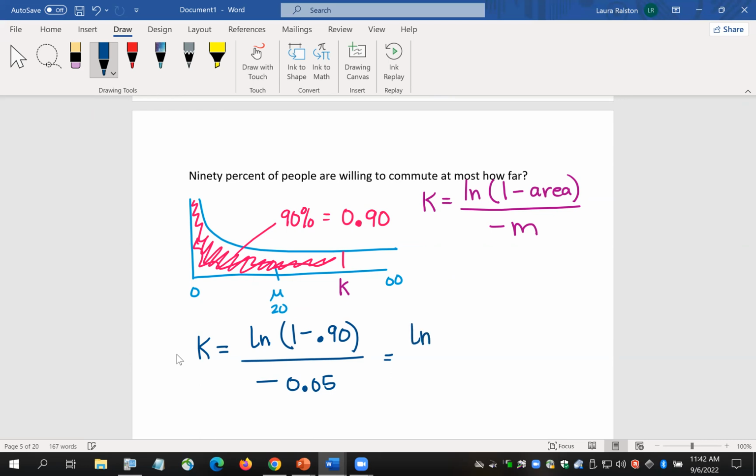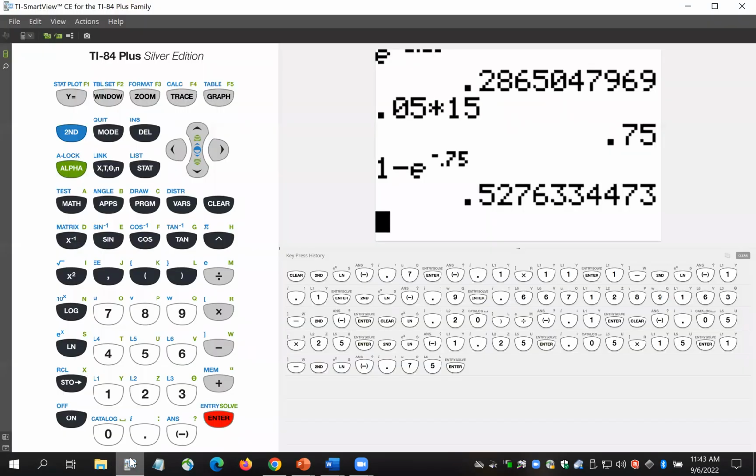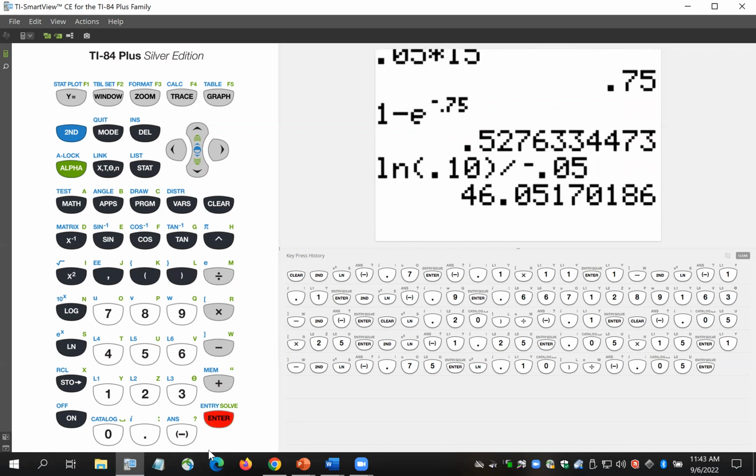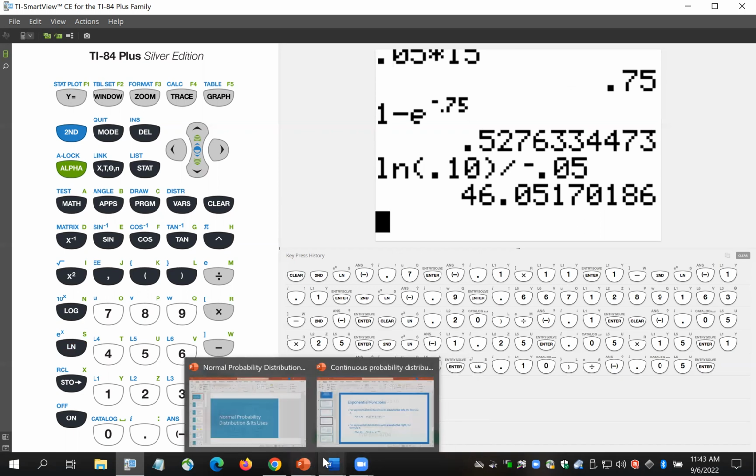So I have the natural log of 1/10 or 10% over negative 0.05. And I'm going to use my calculator. Natural log of the 10% divided by negative 0.05. Enter. And I get 46.05.